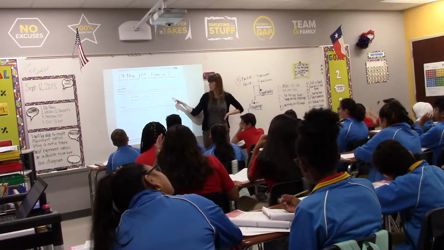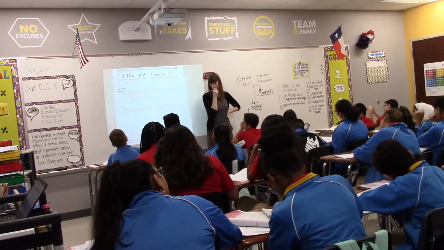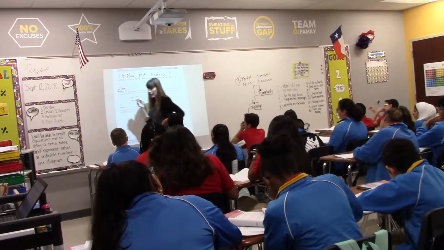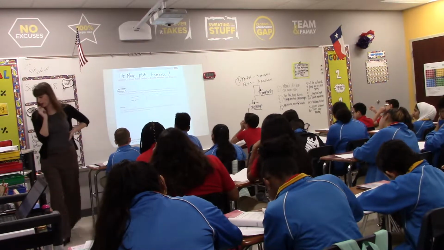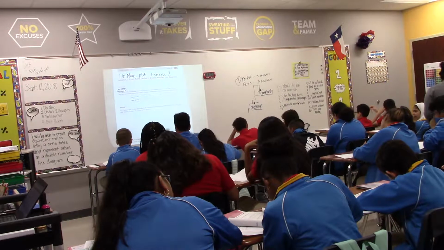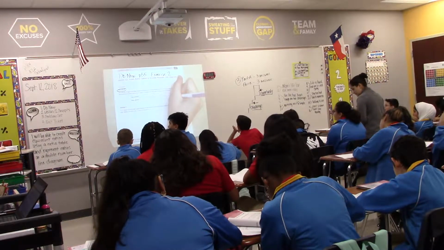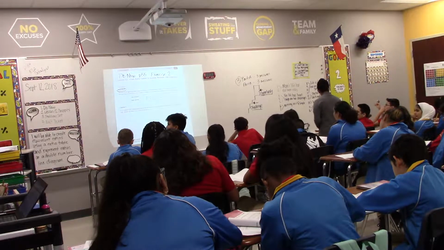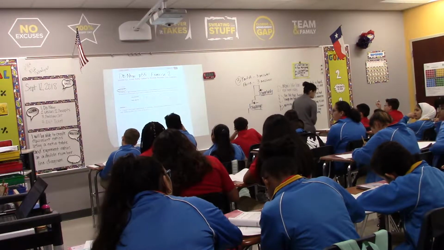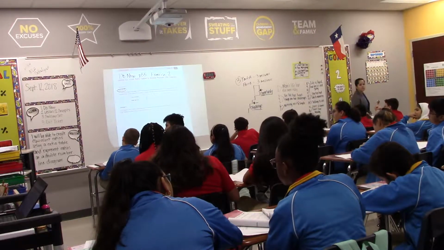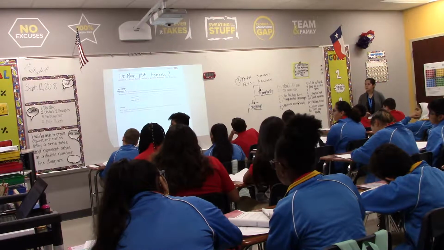What did you get for these 2 values? 18 and 60. And how did you get 18? I multiplied 6 times 2. Well, 6 times 2 is 12, right? So 6 times 3.